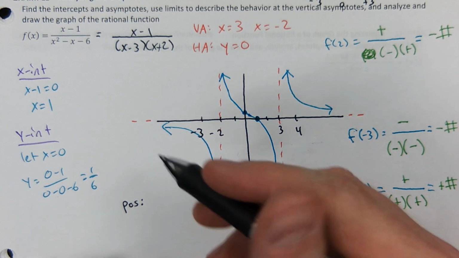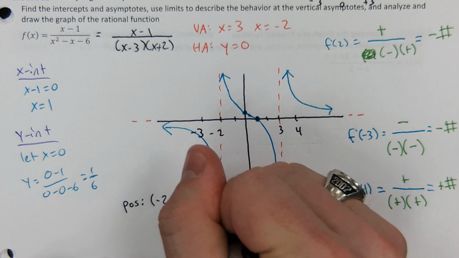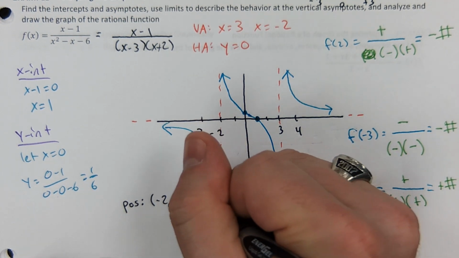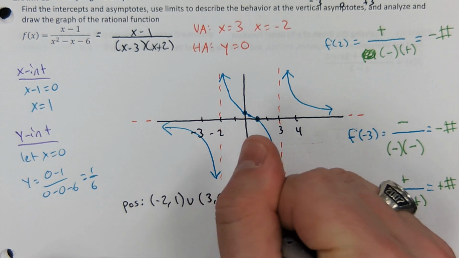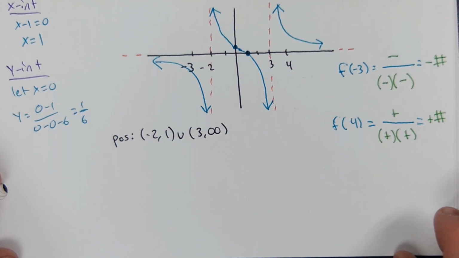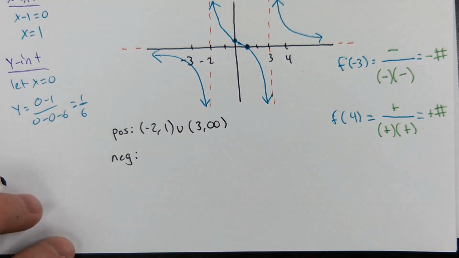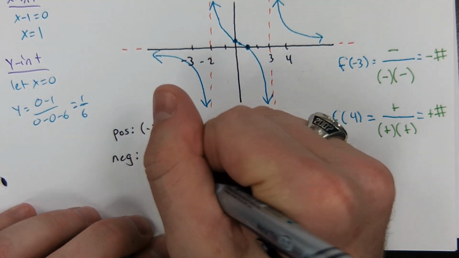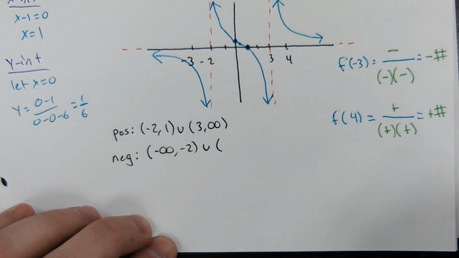It's positive from negative 2 up to the number x equals 1, and it's also positive after x equals 3. Now we're just looking at the picture. Where is it negative? The rest of its domain. Negative infinity to negative 2, and also 1 to 3.